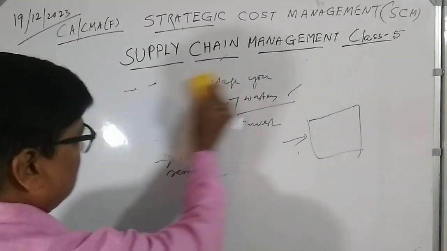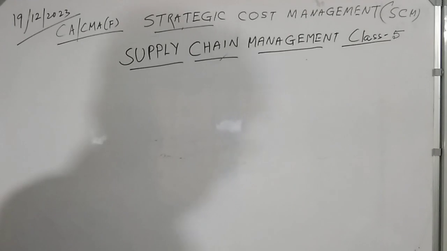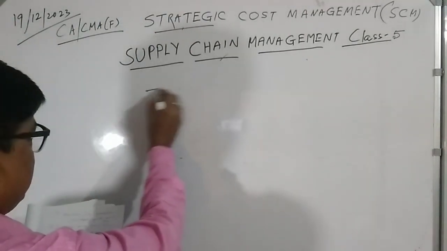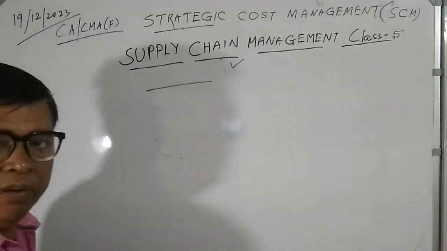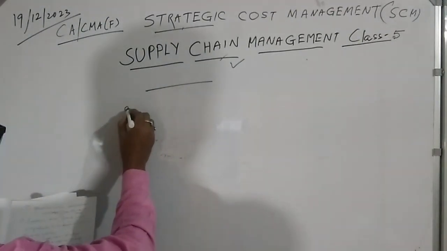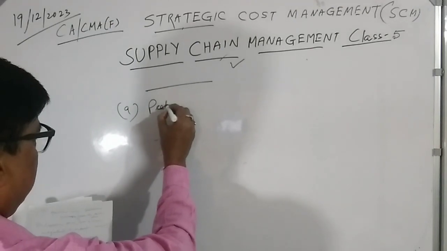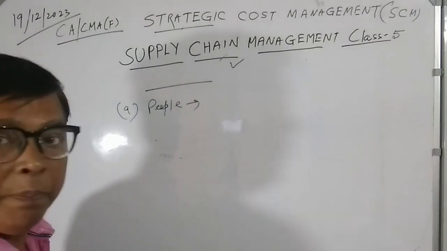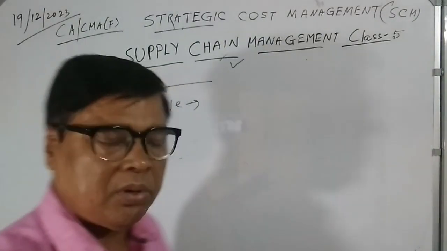After that, there is also one more point: who will be doing this process? In supply chain management, three ingredients or components are very vital. Number one, your people. People means manpower. They are the right resource for your organizations.